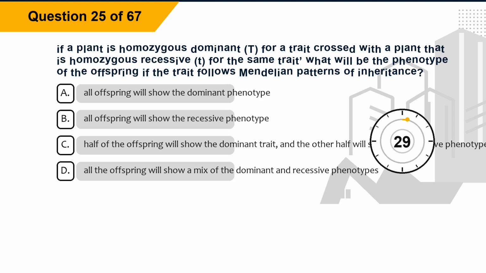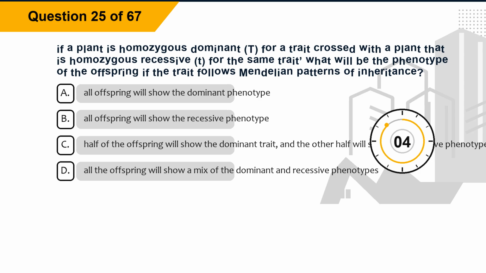Question 25. If a plant is homozygous dominant, capital T capital T, for a trait crossed with a plant that is homozygous recessive, lowercase t lowercase t, for the same trait, what will be the phenotype of the offspring if the trait follows Mendelian patterns of inheritance? Option A, all offspring will show the dominant phenotype. Option B, all offspring will show the recessive phenotype. Option C, half of the offspring will show the dominant trait, and the other half will show the recessive phenotype.